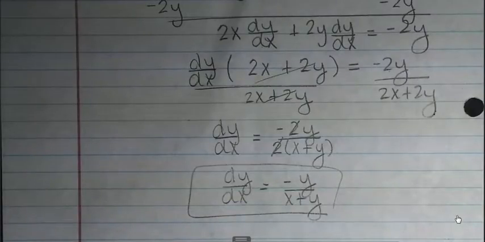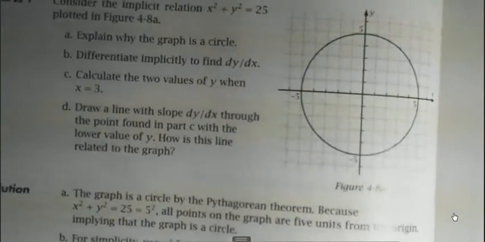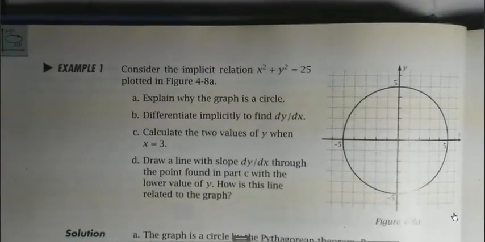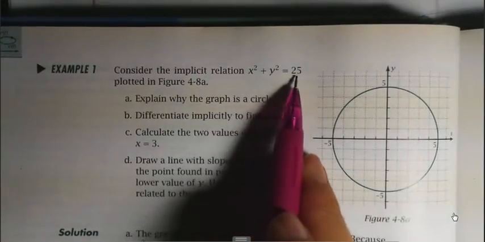Okay, now we're going to do an example out of the book. We're going to look at page 170, and this is the example on that page. We are going to consider the implicit relation x squared plus y squared equals 25.